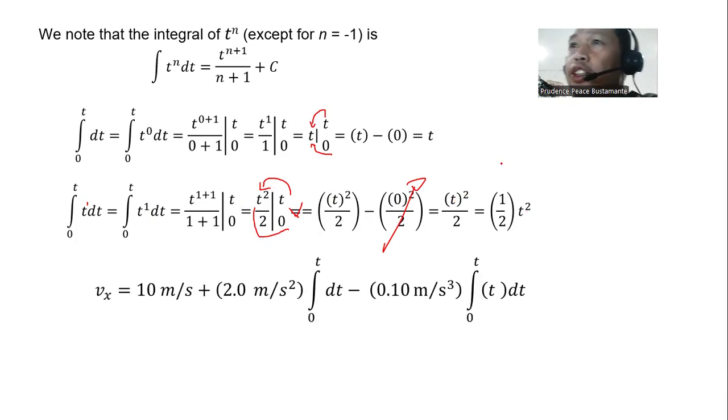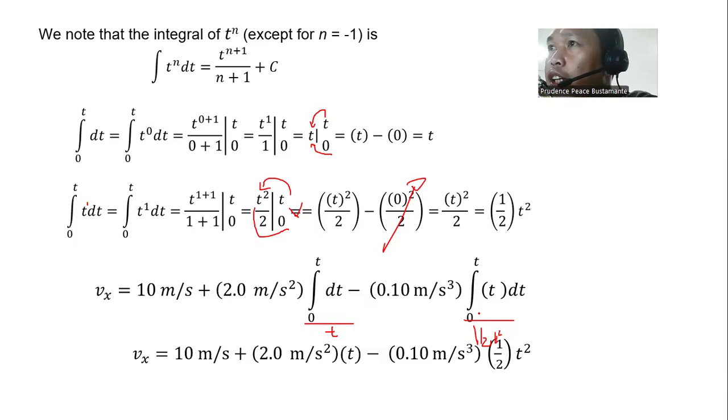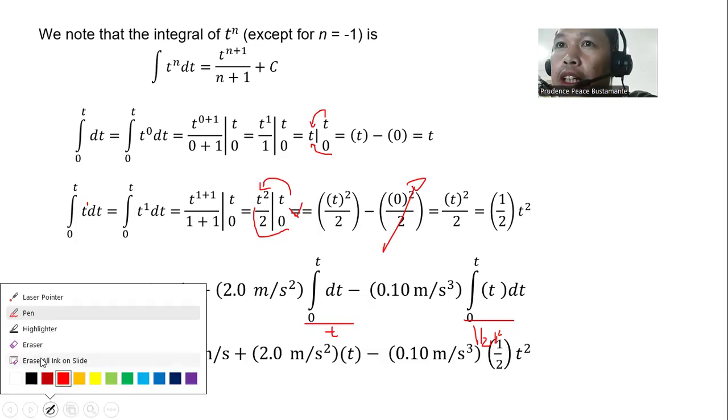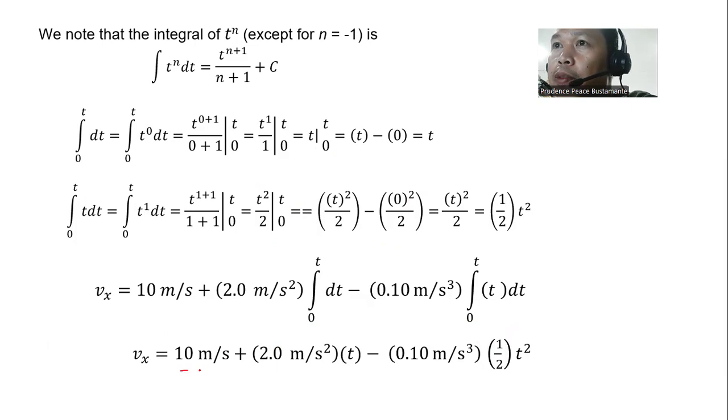Since this one is just equal to t, and this is equal to 1 half t squared, our equation now becomes 10 meters per second minus 2.0 meters per second squared times t minus 0.10 meters per second cubed times 1 half t squared. So that is our function.